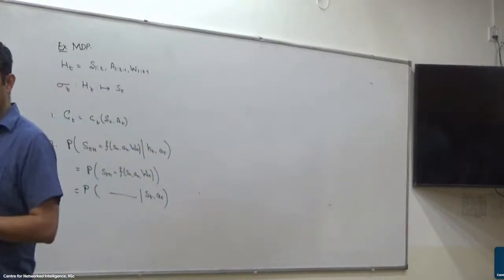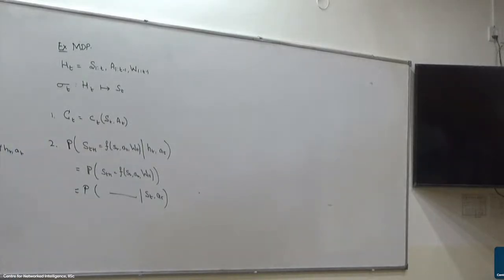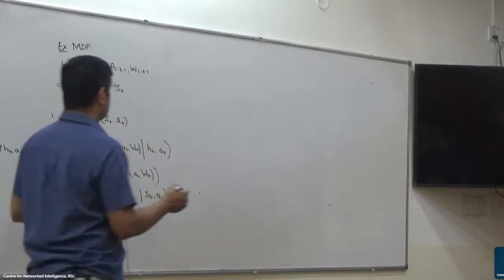We know that in an MDP, the current state was an information state, and I could write down a dynamic program based just on the current state. The claim that I am making is that for a general partially observed system, if I have an information state, I can write down a DP in terms of the information state. So notice what is going to happen.